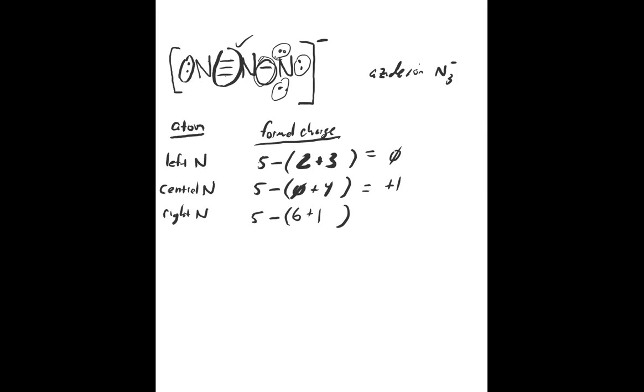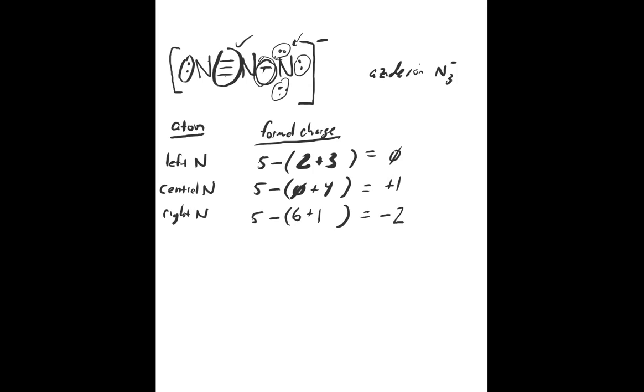With ions, we generally put the number and then the charge, like 3 plus or 3 minus. But with formal charge, you put plus and then the number. The right nitrogen has 5 valence electrons. It has 3 lone pairs and 1 bond. So 6 plus 1 is 7. 5 minus 7 is minus 2.